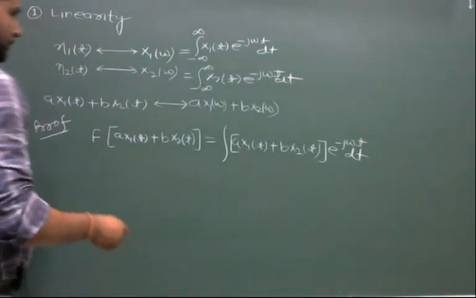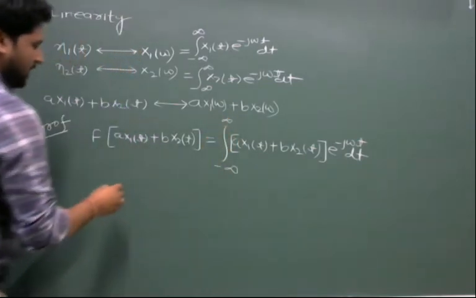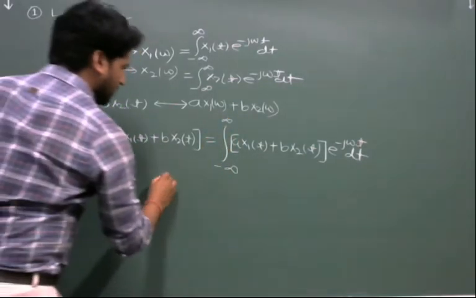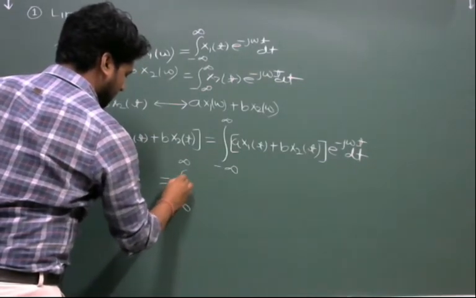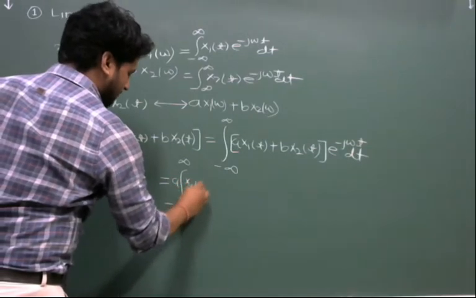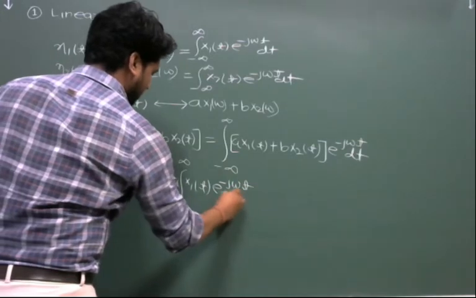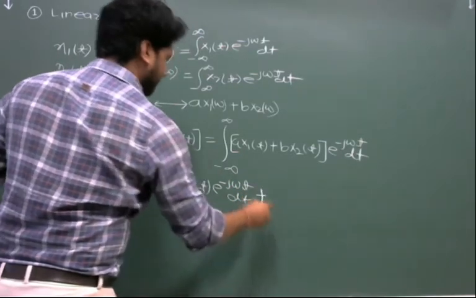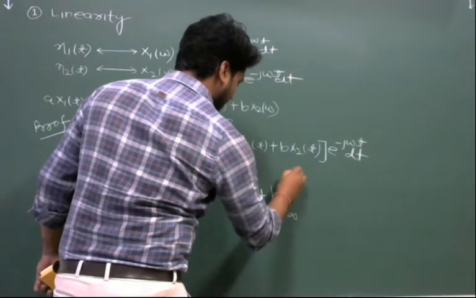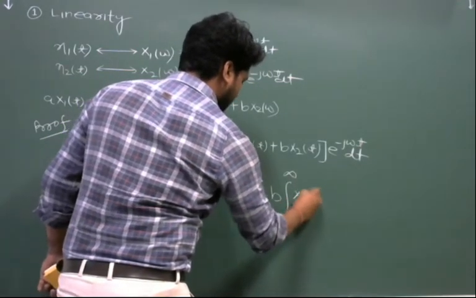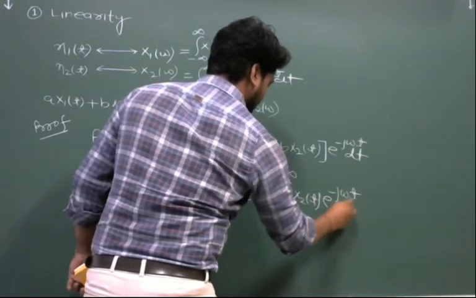Now from here I can further simplify it as integration from minus infinity to plus infinity a times x1(t) e power minus j omega t dt plus b times integration from minus infinity to plus infinity x2(t) e power minus j omega t dt.